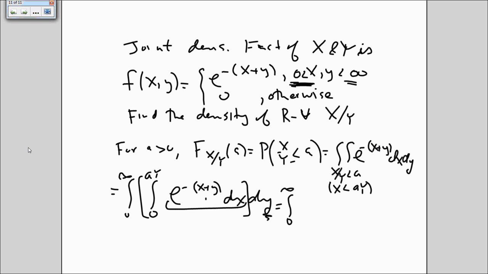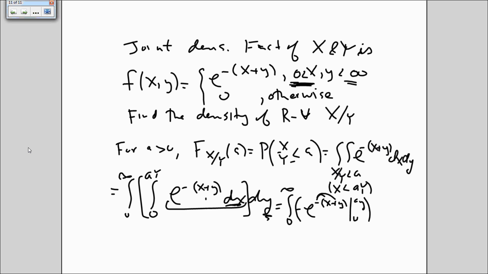The integral of this is, well, the integral of e to any power is e to that power, divided by the derivative of that power with respect to x. The derivative of negative x is negative 1, minus the derivative of y is 0. Dividing by negative 1 is the same as multiplying by negative 1. And we go from 0 to ay.